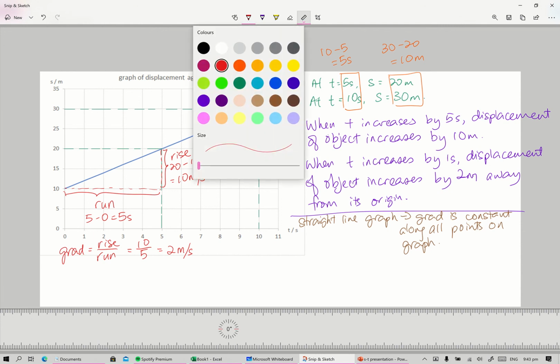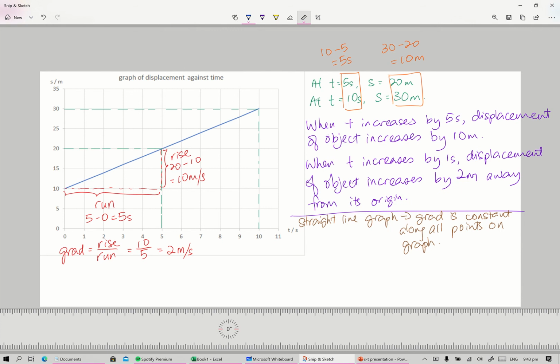And I'm going to use another set of coordinates to show you that the gradient is the same. I'm going to extend from 0 to 10 seconds. This is my right angle triangle. This is the rise and this is the run.